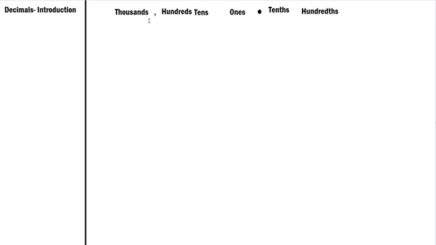Now, let me draw some lines in between each of these places. I want to make sure they're kind of tiny. These places are our place values.